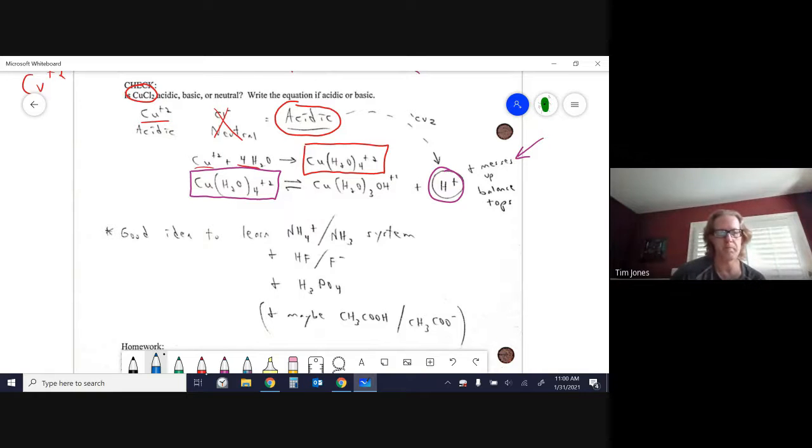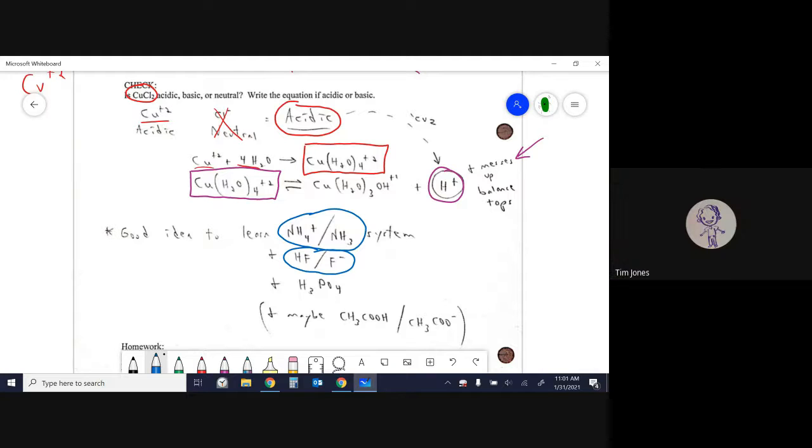So the ammonia system, a problem might be based on one or both of these. That's a very common one. You've already seen it a couple times in this lesson. The hydrofluoric acid fluoride ion system is very common because not only is it a weak acid, but it's a fairly potent weak acid. So it's significant.